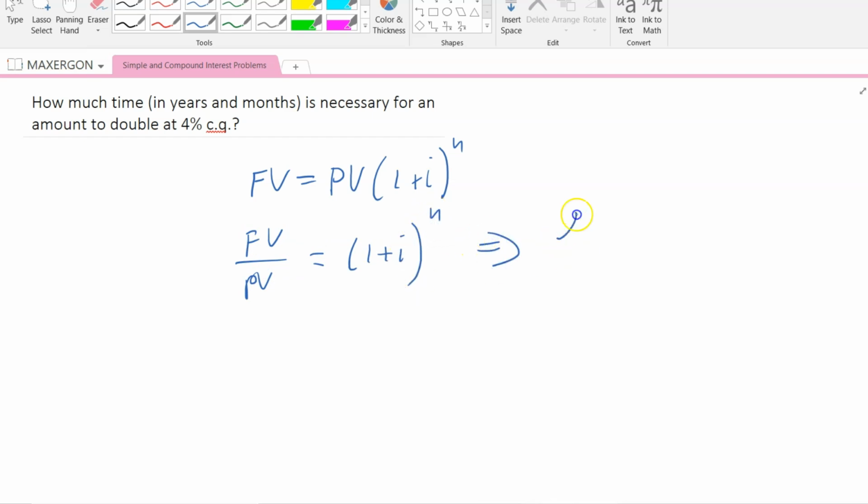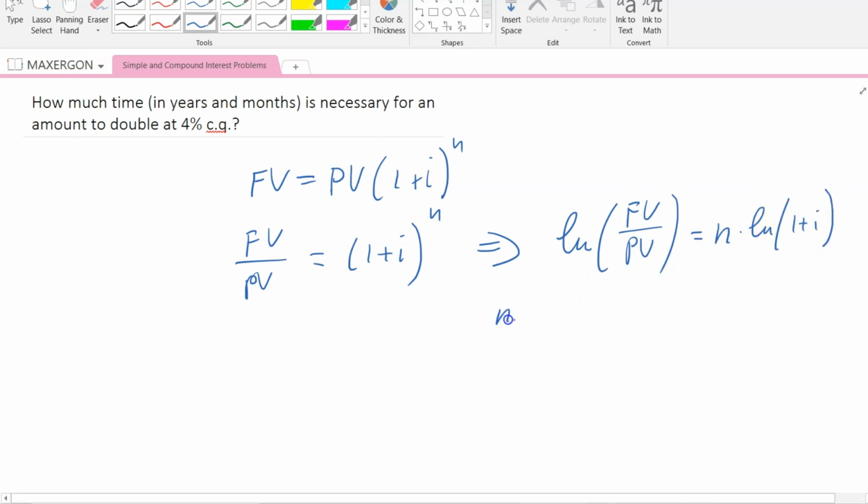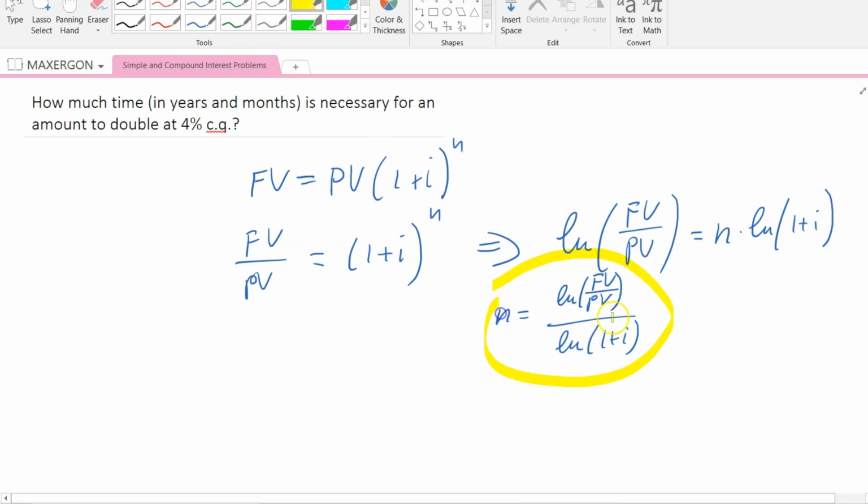So from here we can take logarithms. Logarithm of future value divided by present value equals n times logarithm of 1 plus i. From here we easily get the formula for n, which is logarithm of future value divided by present value, divided by logarithm of 1 plus i. And basically that's the formula we are going to use to solve this problem.